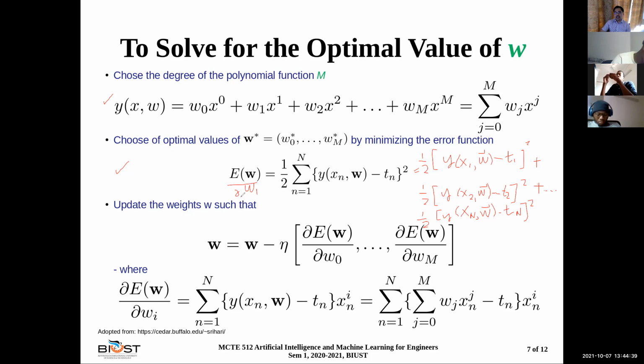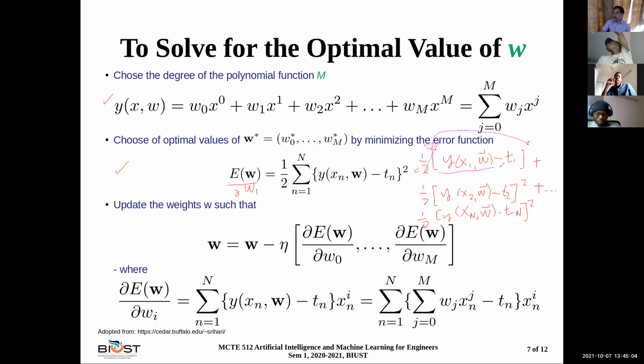Okay, so let's just take W1. Now if you take W1, what is the derivative of this term with respect to W1? These two will cancel.